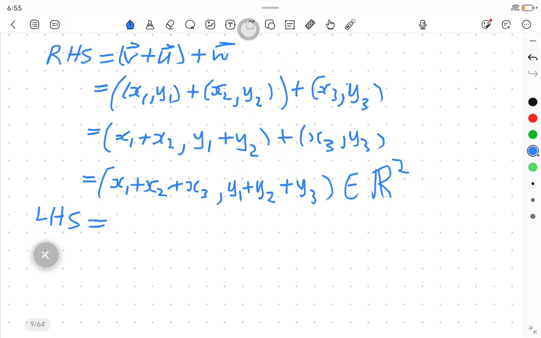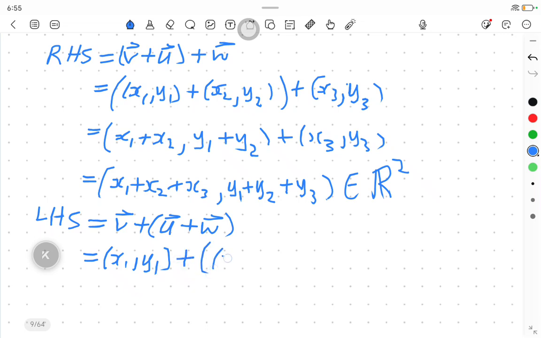The left hand side would be V plus U plus W, and we know that our V is x1 y1 plus x2 y2 plus x3 y3.